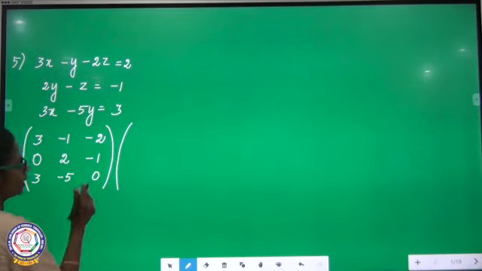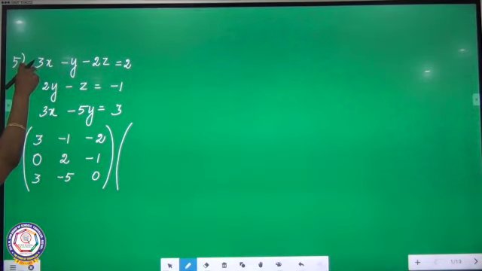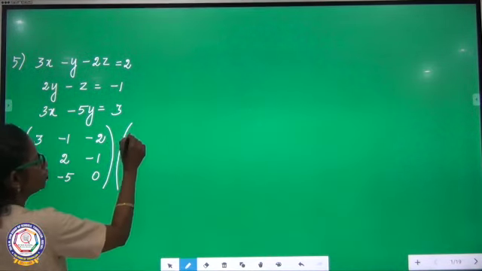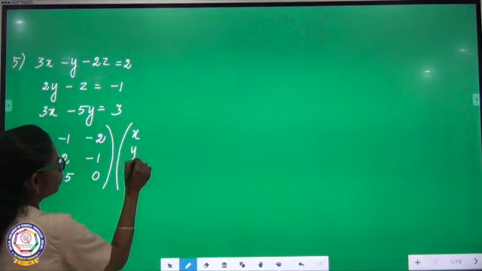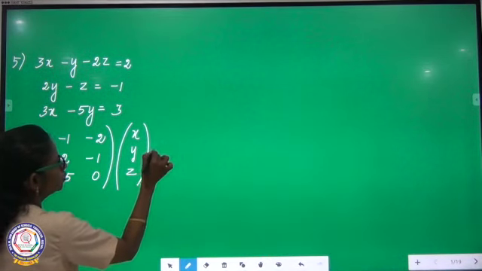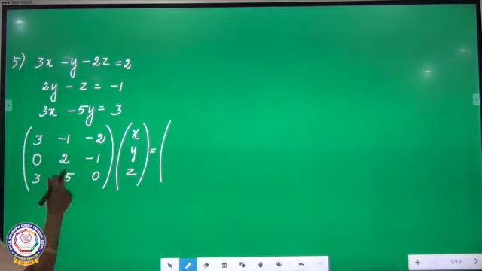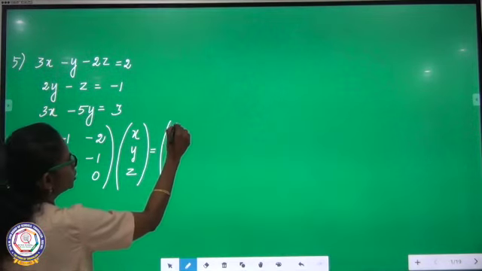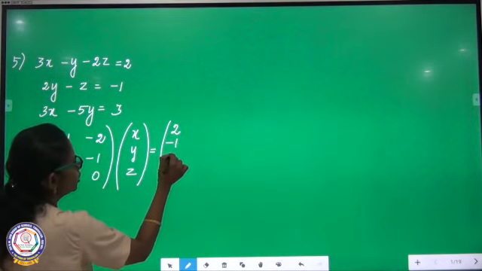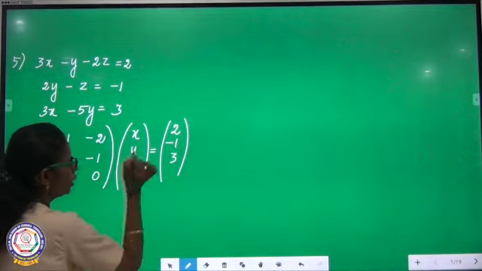Next, what I said, the collection of the variables. What variables are used in this equation? x, y, z. Always write them in a column, which is equal to the constants. The constants should also be represented in a column.